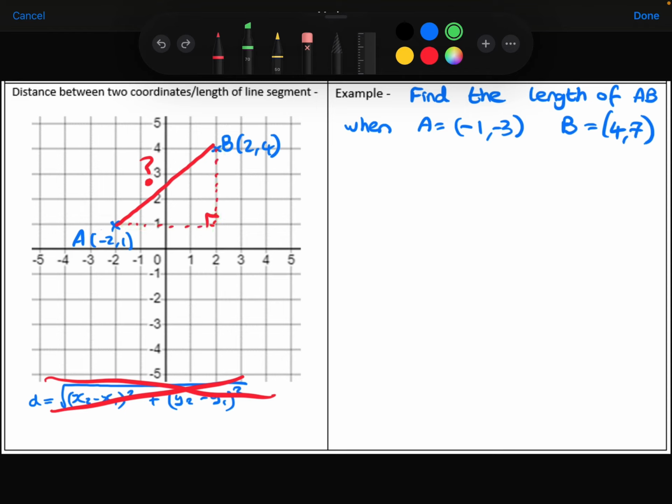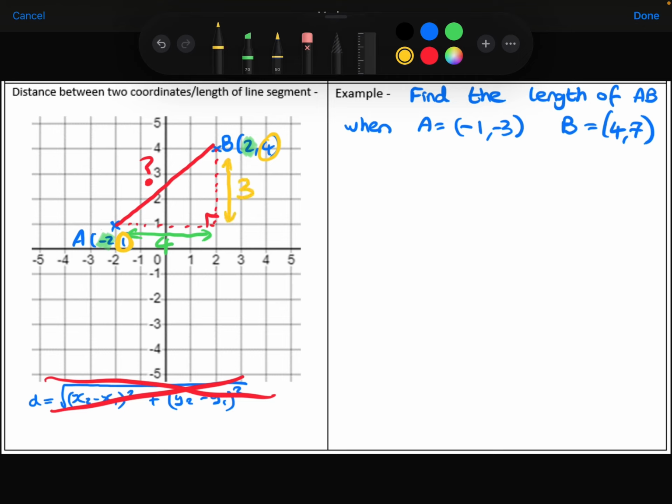And those are really easy to work out, because if I focus on the x coordinates first of all, the x coordinate here is -2. The x coordinate there is 2. So I've gone from -2 to +2, so I've gone along 4. Now if I do a similar thing with the y coordinates, this is 1, this is 4, so I've gone up 3.